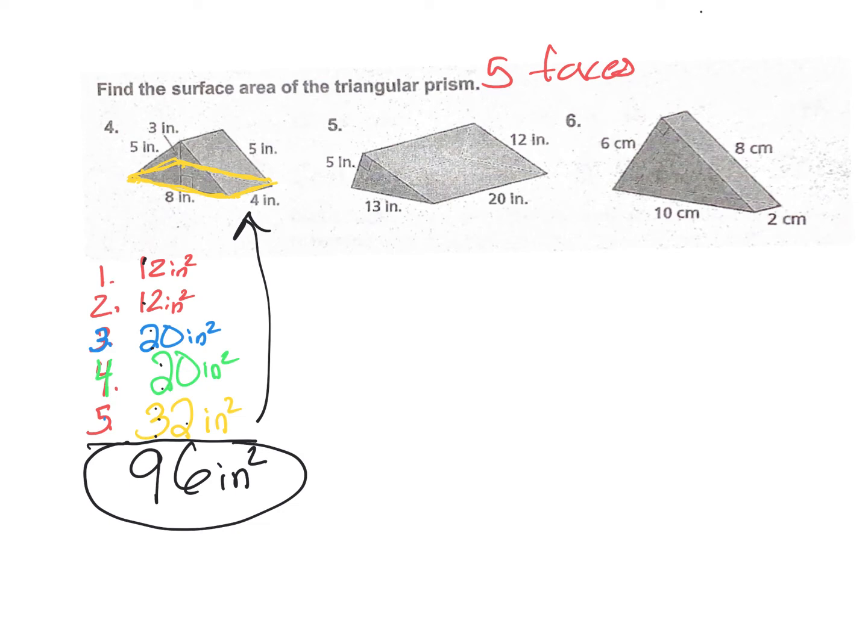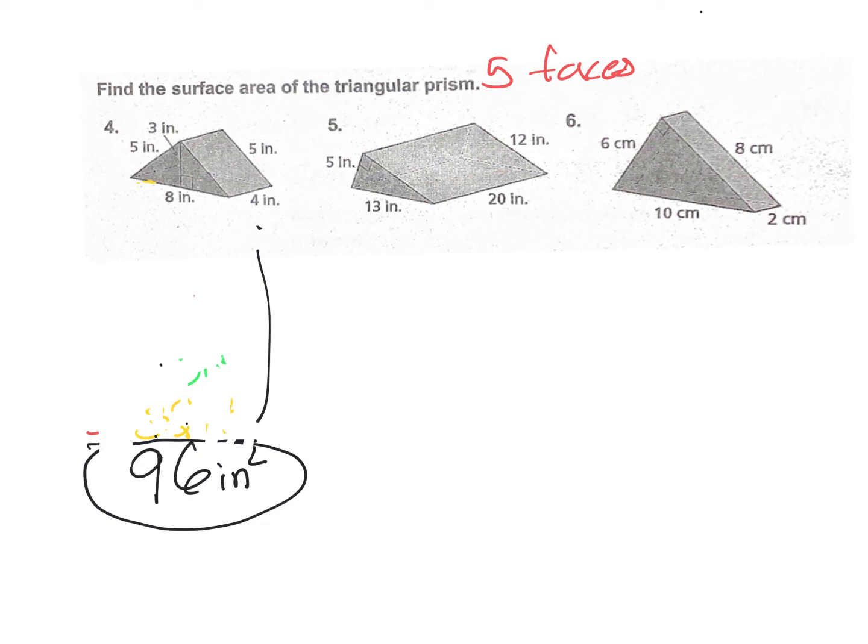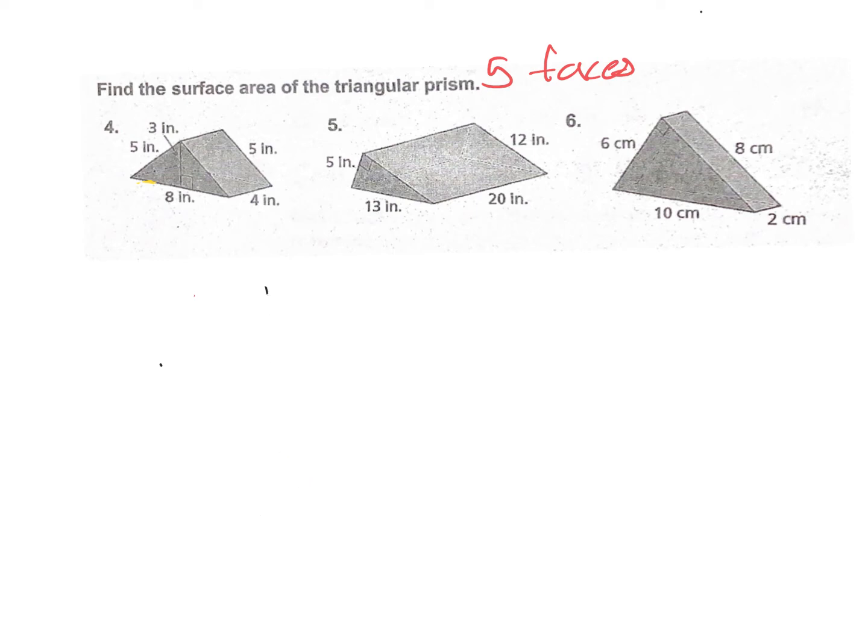Okay, let's do the next one. Need to erase this. There we go. Now it's a triangular prism, so I know that it's going to have 5 faces. So I go 1, 2, 3, 4, 5. 2 of those faces are going to be triangles, which will be this and this.